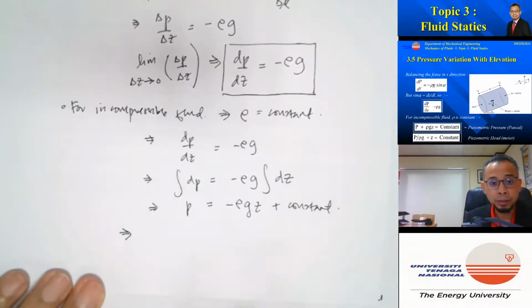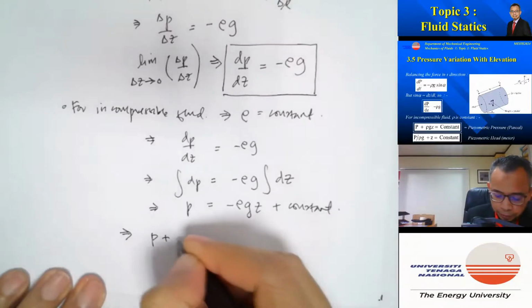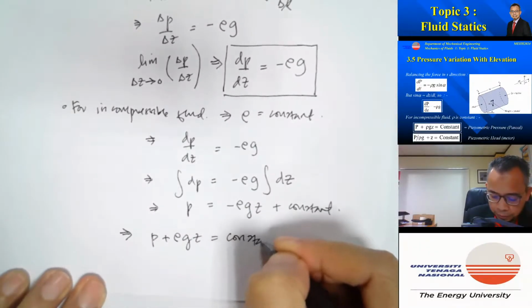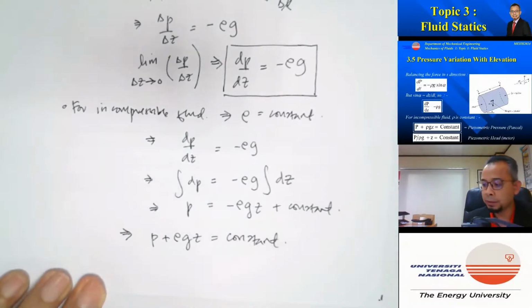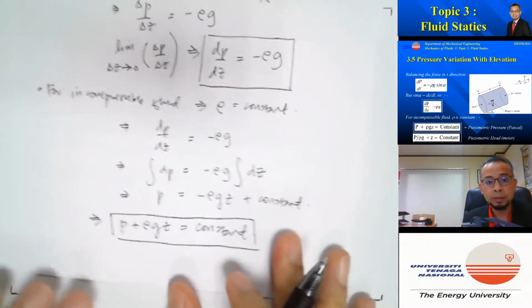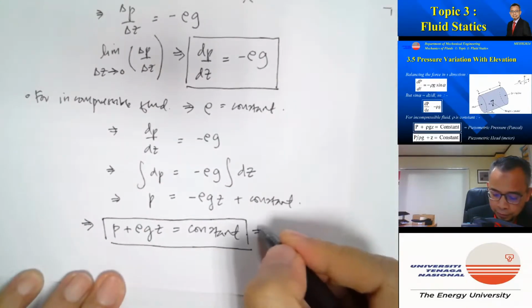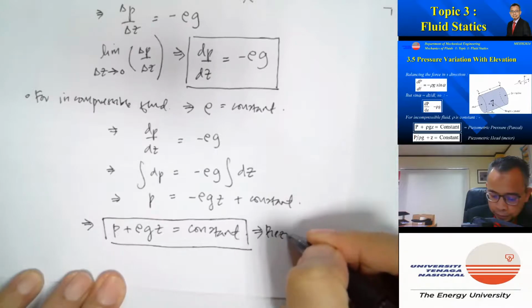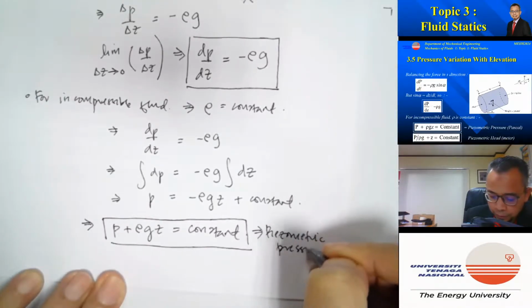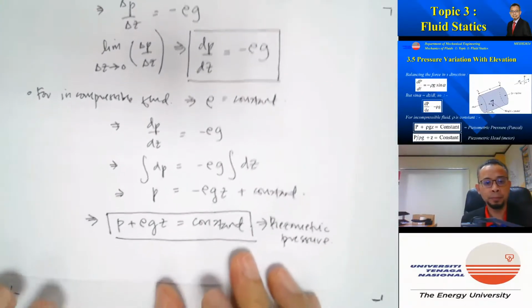If you rearrange this, we have P plus rho gz is equal to a constant. There is a name for this. This is called piezometric pressure.